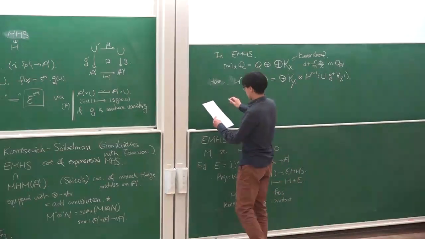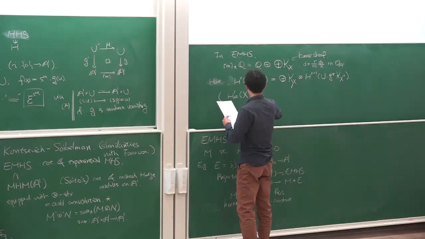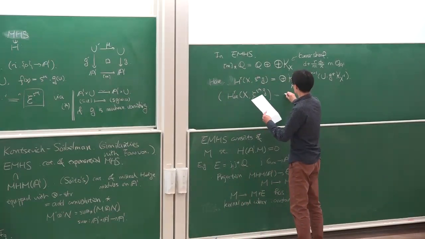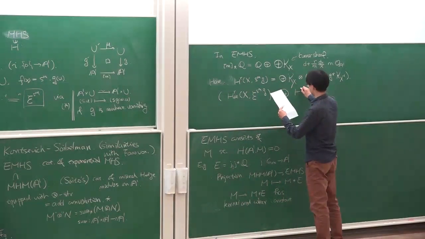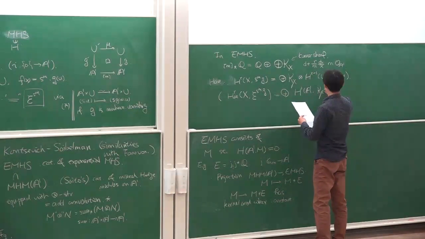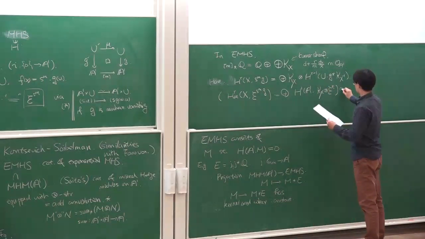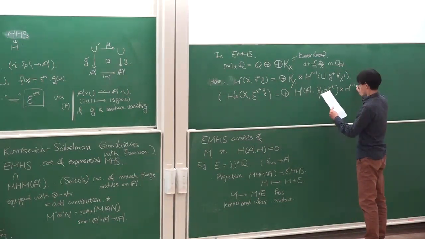Or in the Hodge setting, if you consider the Hodge cohomology of this x, this will be the direct sum of H1 of A1 times the exponential t times r minus 1 u.